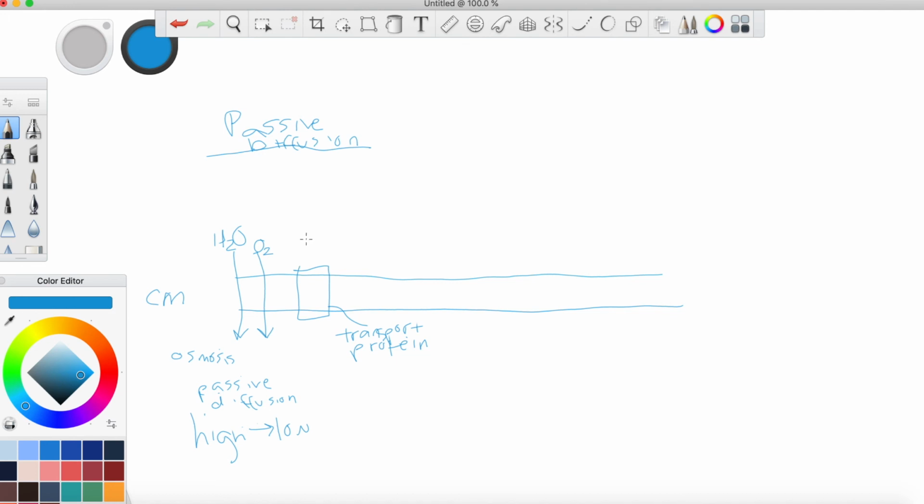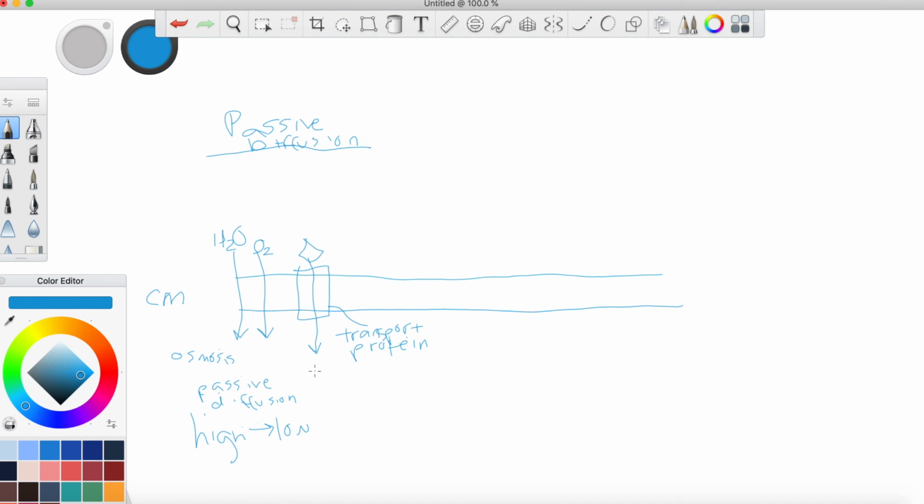So if the cell can bring in, I don't know a good example of this, but let's say this is able to freely pass through from outside to in, perhaps something like a chloride ion, and it comes in with its concentration gradient.